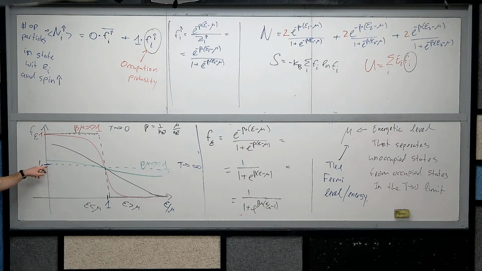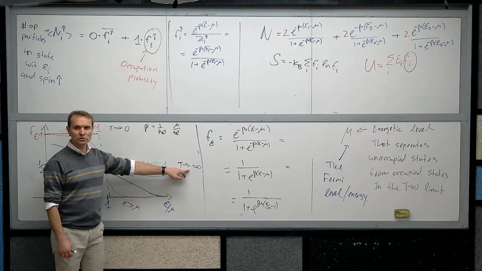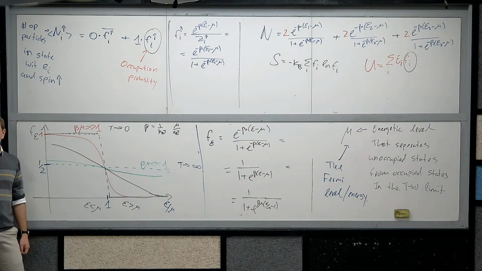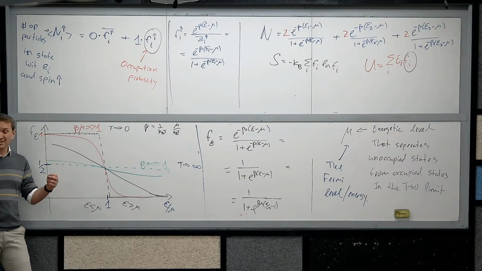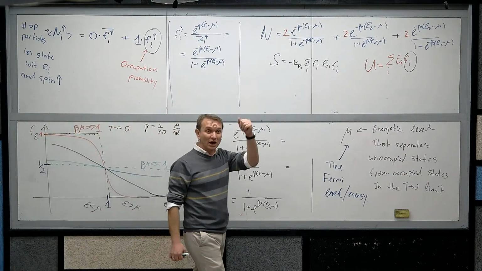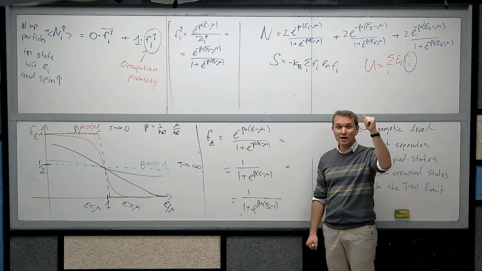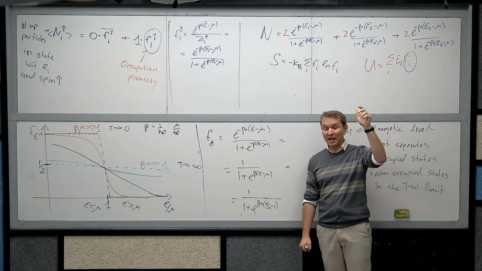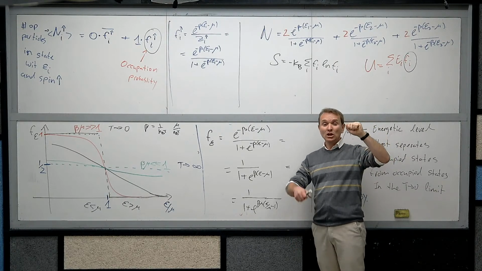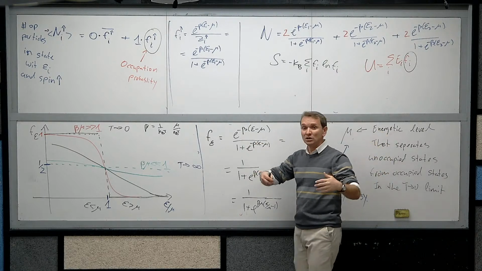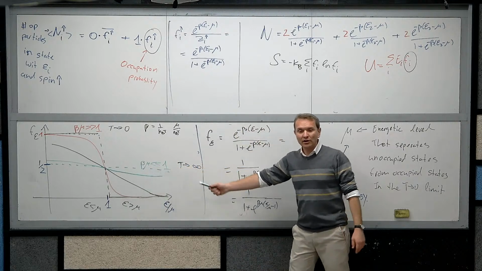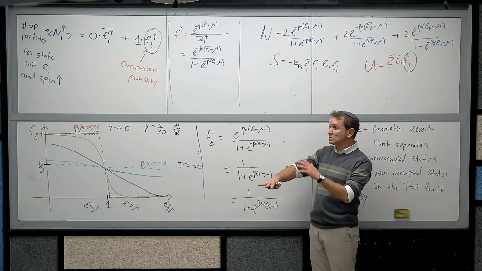It means that in the limit of large temperatures, all the different states are equally probable, so a state can be either occupied or not occupied. You don't really care. This is the intuition about high temperatures: temperature is the average kinetic energy, 1/2 mv squared, so when I have a lot of kinetic energy I can be anywhere that I like, and all the different states are equally probable to be occupied.